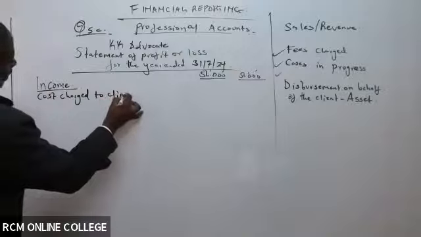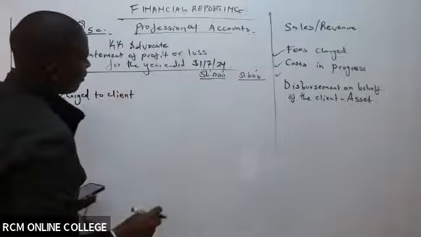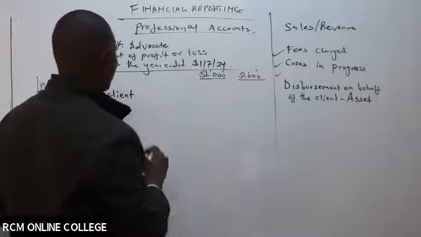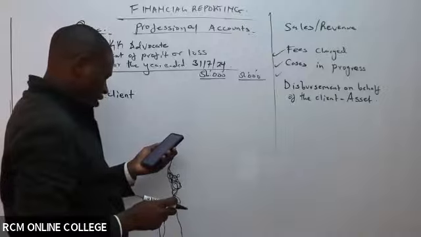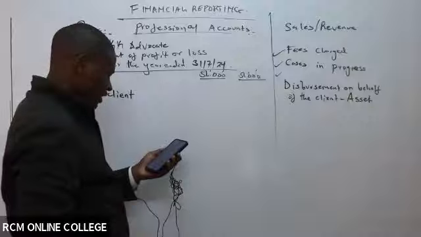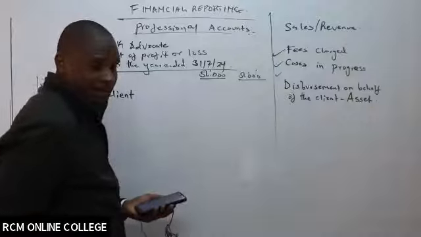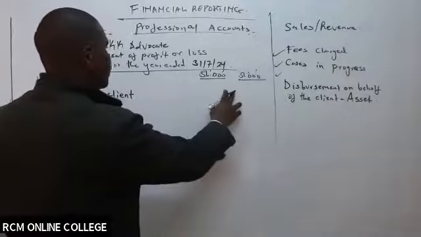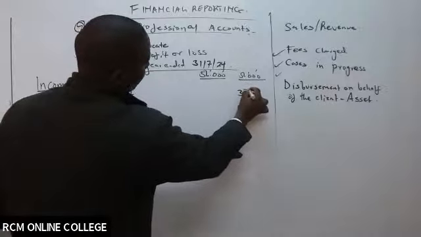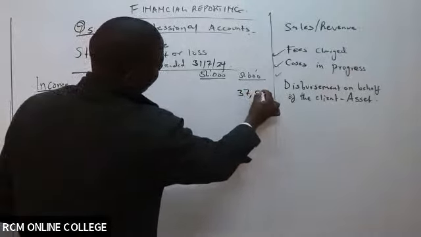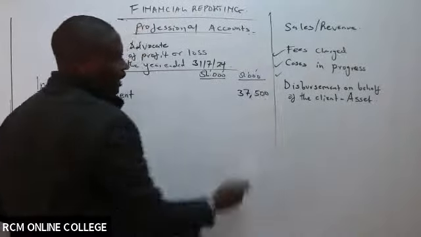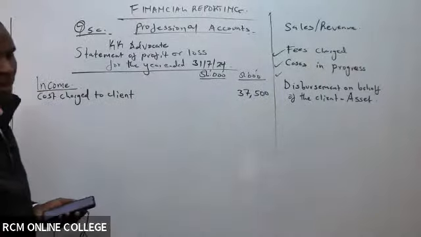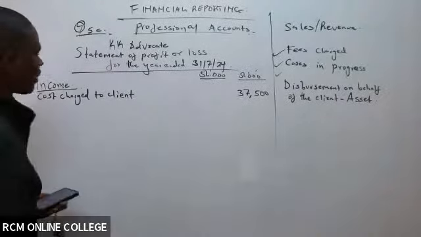That is an income to this advocate, the KK Advocate. Cost charged to client, and the value is how much? 37,500. You can put that in our second column: 37,500 cost charged to client. That is the income for this advocate.